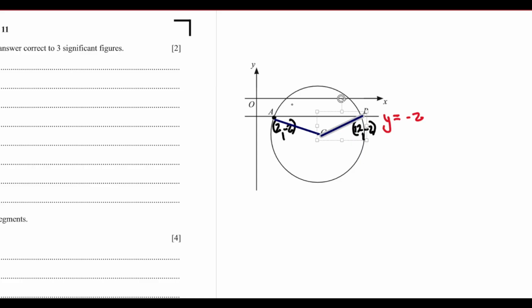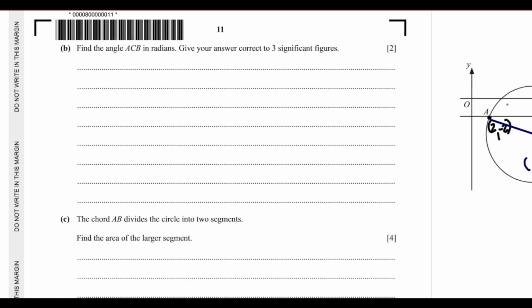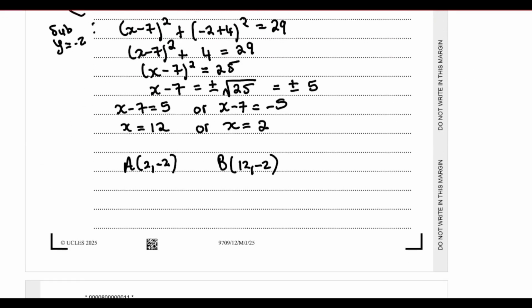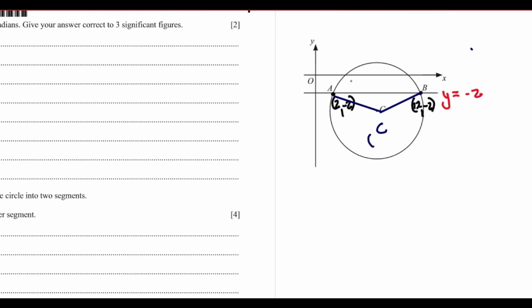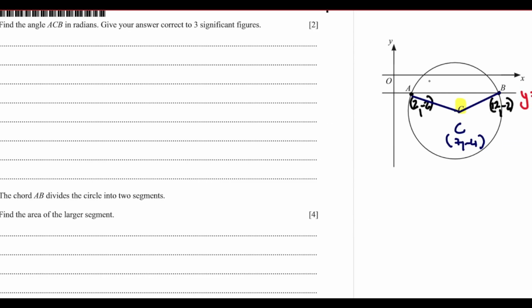I've kind of covered up C. Let's remember that C, what is C, by the way? You already have it. Remember, it is 7, negative 4. Currently, we're looking for ACB, that angle over there.